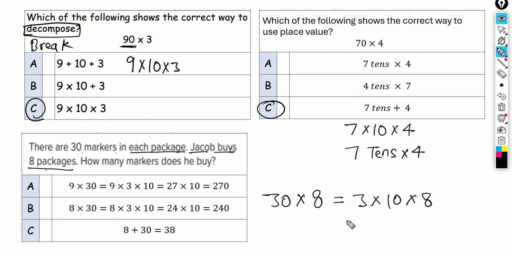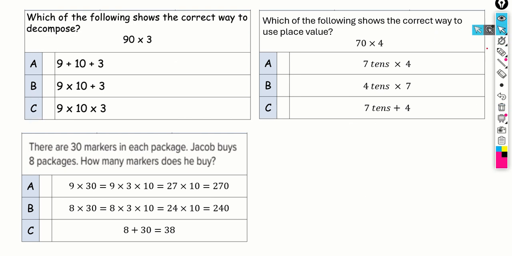If you want to solve this, you can further solve 3 times 8, 24, and you put this 0 here. Okay, so check your answer. Let's move on to the next slide.